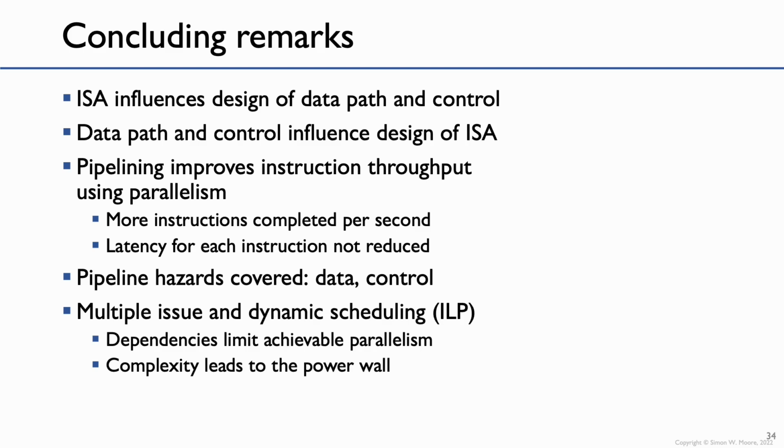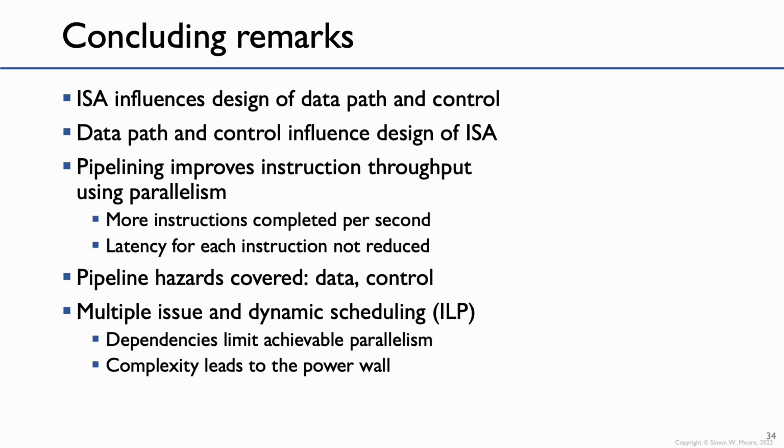So let's conclude. The instruction set architecture influences the design of the data path and the control logic. Data path and control also therefore influence the design of the instruction set architecture. These things go hand in hand. Pipelining improves instruction throughput using a form of parallelism.